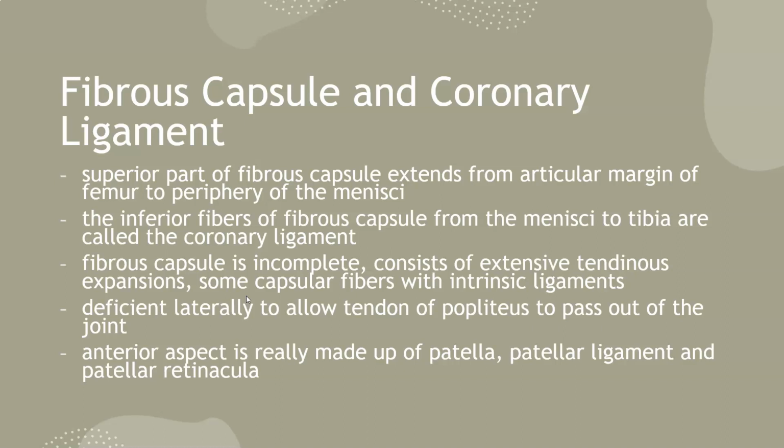The superior part of the capsule extends from the articular margins of the femur to the periphery of the menisci. Its inferior fibers, from the menisci to the tibia, are called the coronary ligament.